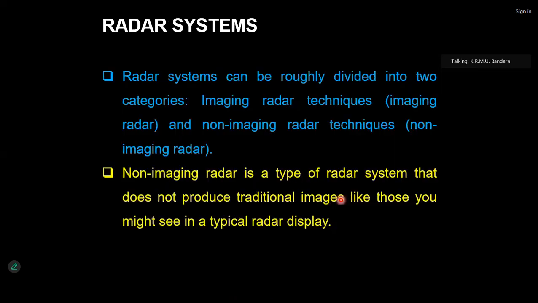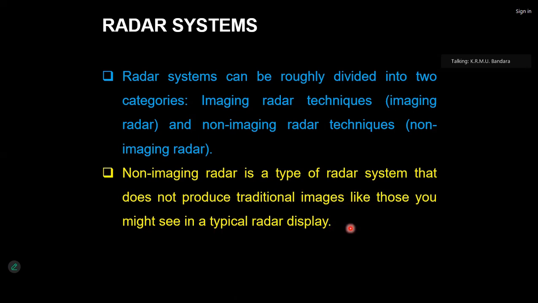Okay, radar system can be roughly divided into two categories. Imaging radar techniques. This is called the imaging radar. And non-imaging radar techniques we can use. Non-imaging radar is a type of radar system that does not produce the traditional images like those you might see in the typical radar display.